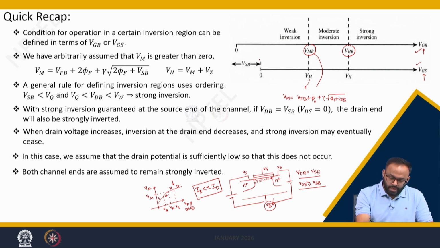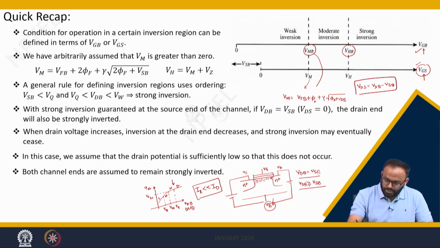You can see here that if I want to represent it with respect to VGS, then I need to subtract VSB. Similarly, if I am representing with respect to VDS, it is nothing but VDB minus VSB. This is a very important equation that we are going to use in this lecture.